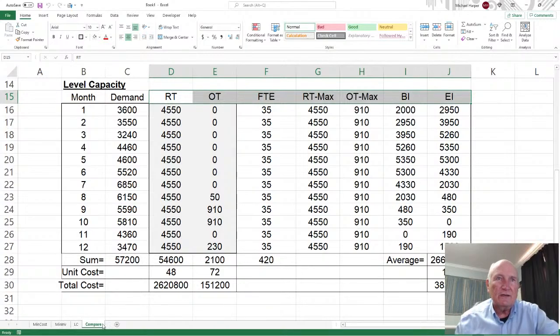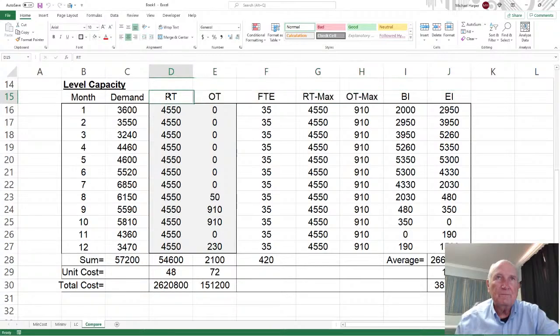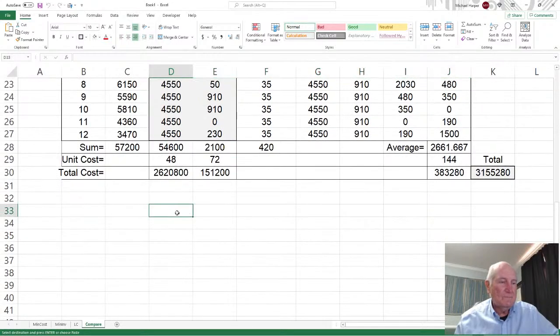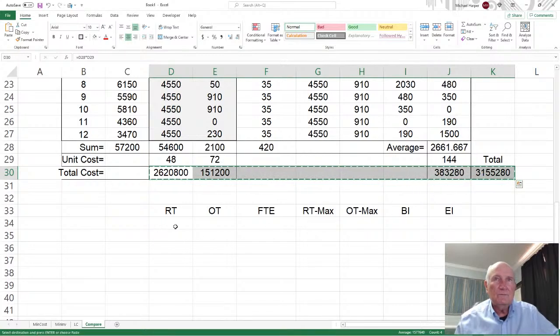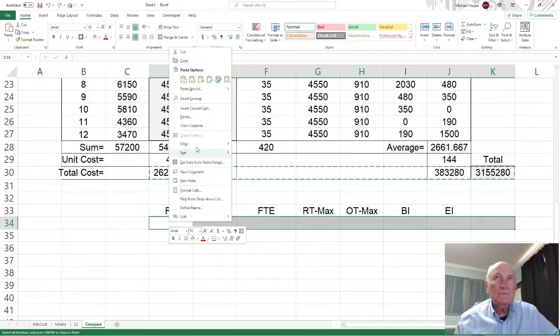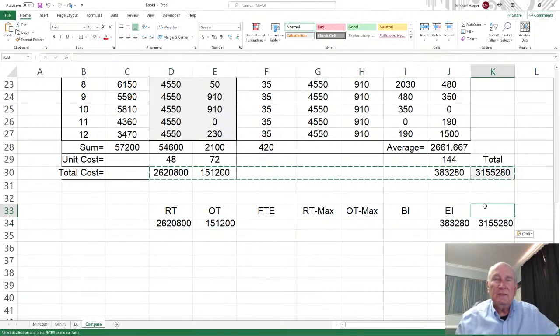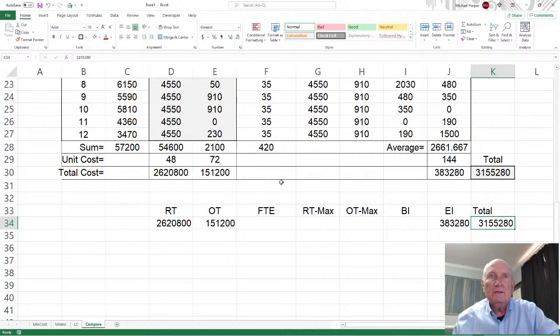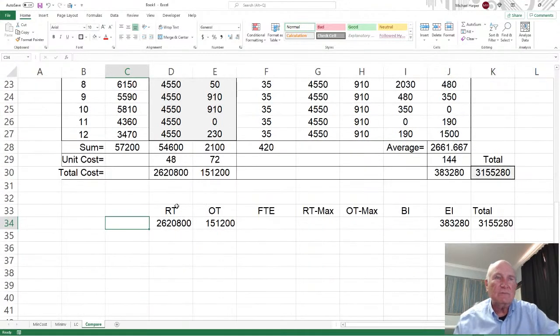And I'll just get us started here. In this comparison, I want to bring this down here. There we go. And these are just the costs here. Paste the values. And this is the total. So this is level capacity, correct? Yes, level capacity.